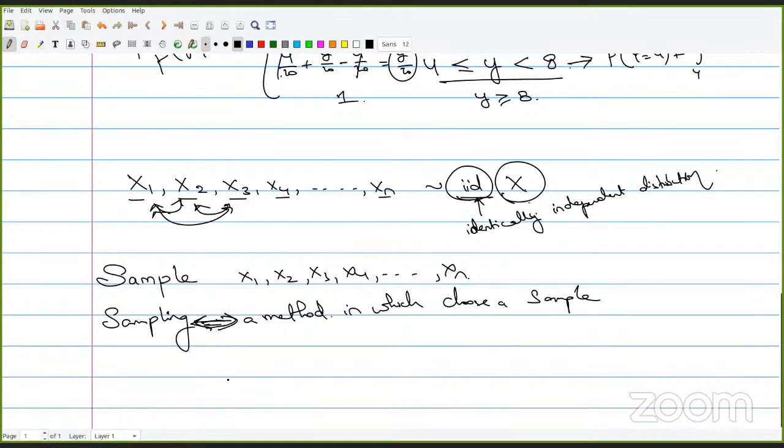So I randomly choose some 10 samples out of X. Let me say I am choosing a sample out of X, where X follows Bernoulli 0.5.